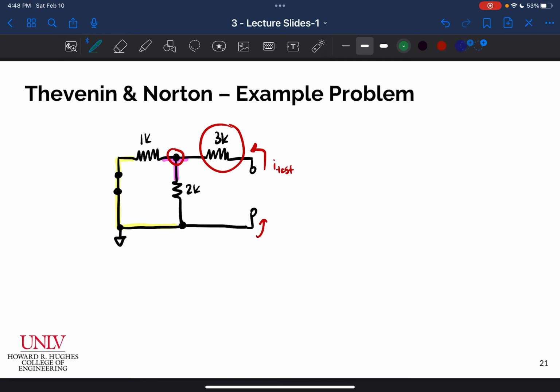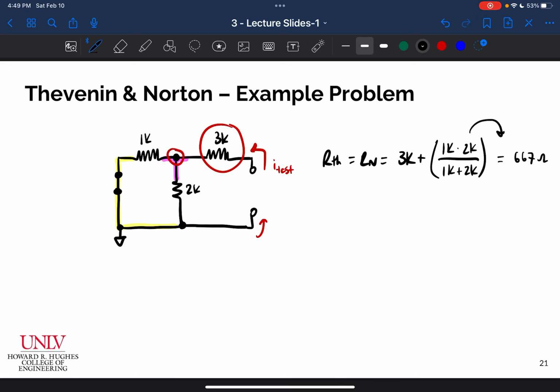And so the total resistance that I'm going to see with this test current is 3K, and then in series with that 3K, I'm going to see a 1K in parallel with a 2K. So if I want to write my R Thevenin, which is equal to R Norton, that's going to be 3K plus whatever 1K in parallel with 2K is. It's going to be 1K times 2K over 1K plus 2K, or basically, what is that going to be? 2/3, so 667 ohms.